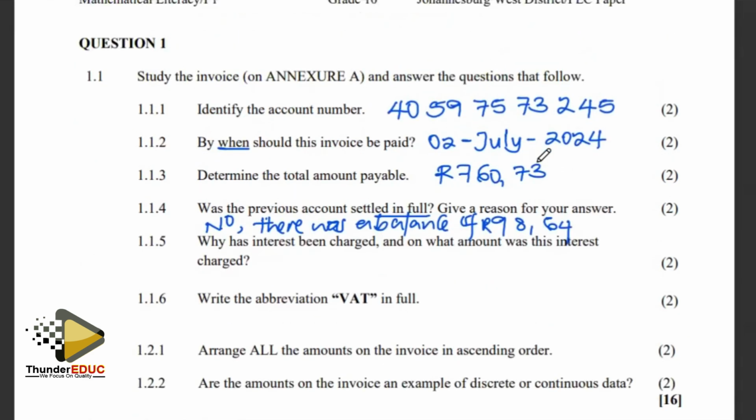Why has interest been charged on the account, and on what amount was the interest charged? Interest is charged on the balance, the money that you have not paid fully. So interest has been charged on the balance or the outstanding amount.